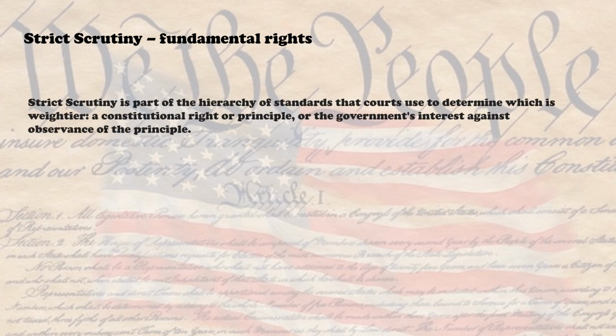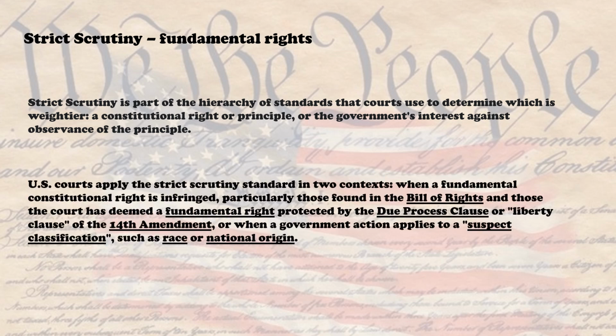Strict scrutiny is part of the hierarchy of standards that courts use to determine which is weightier: a constitutional right or principle, or the government's interest against the observance of the principle. U.S. courts apply strict scrutiny in two contexts.